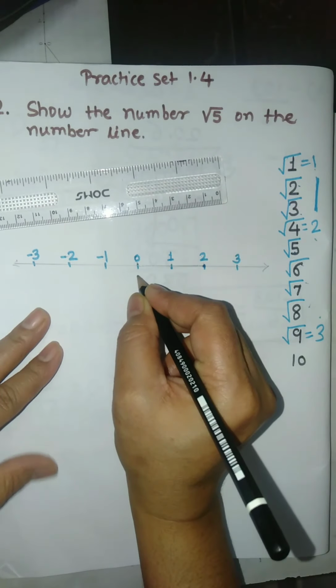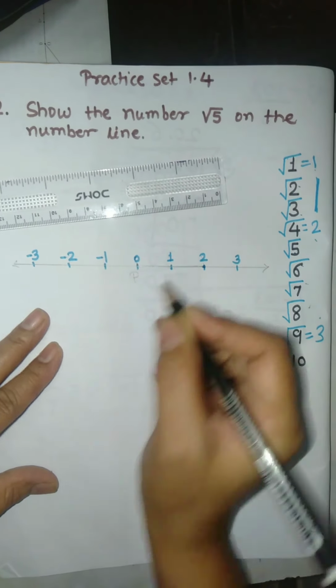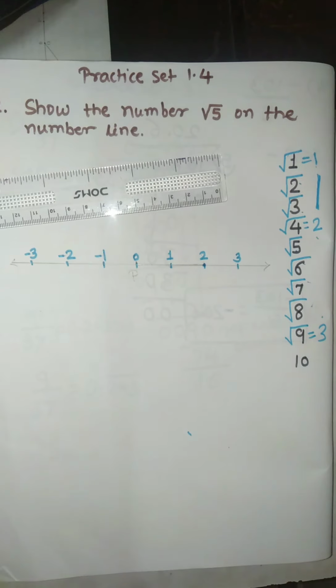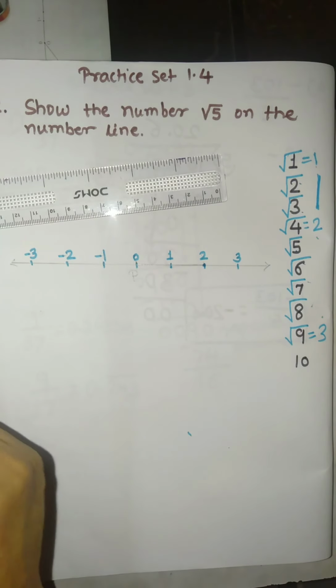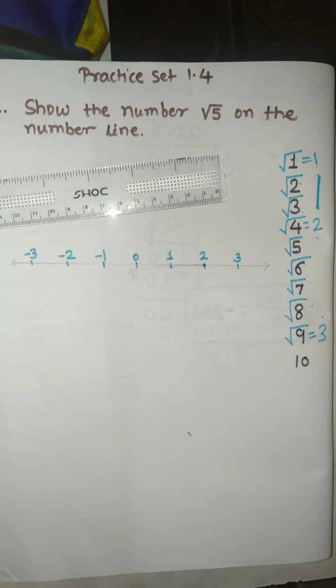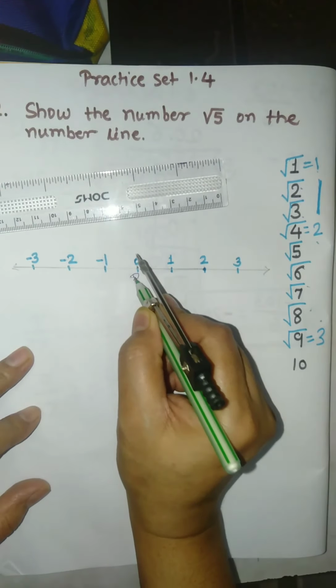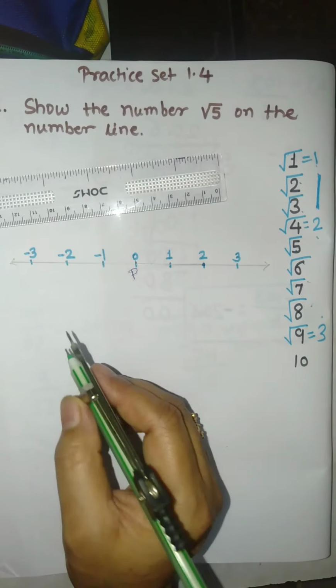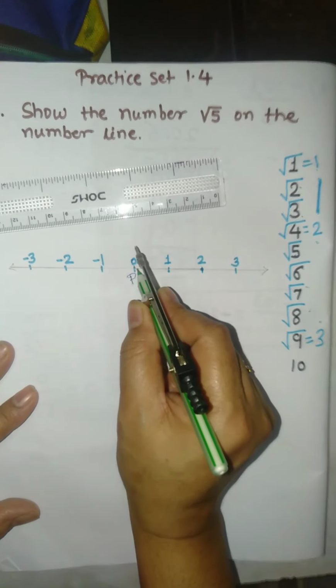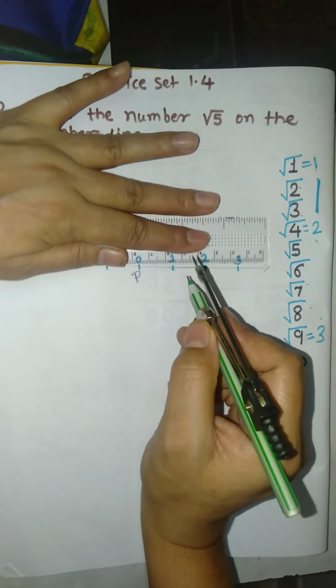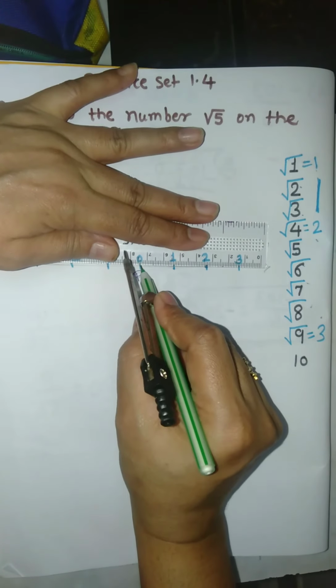Give here any label. Suppose this is P. So this is the point P. Now take the 2 units for the base here.